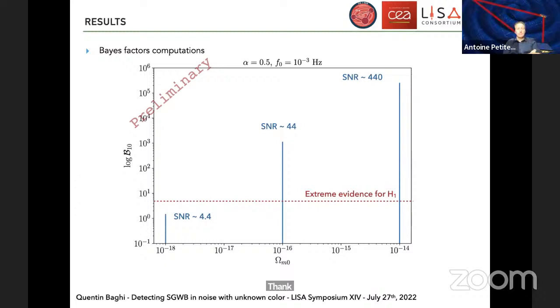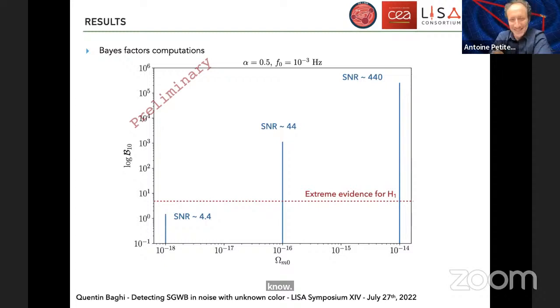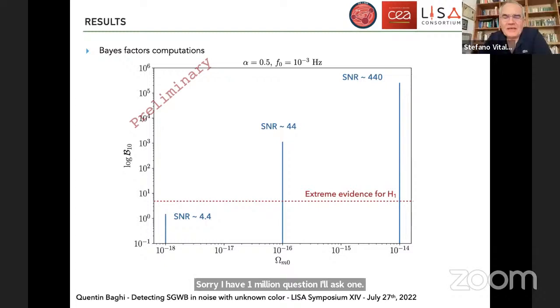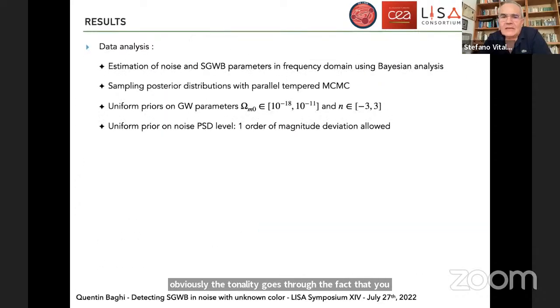Stefano? Sorry, I have a million questions. I'll ask one. Okay, please. How much does the orthogonality matter? Because obviously the orthogonality goes through the fact that you assume equal noise on the various detectors, right? And yes, exactly.